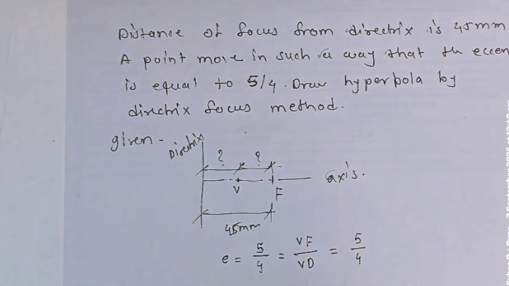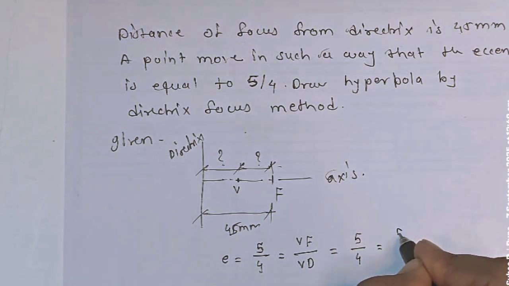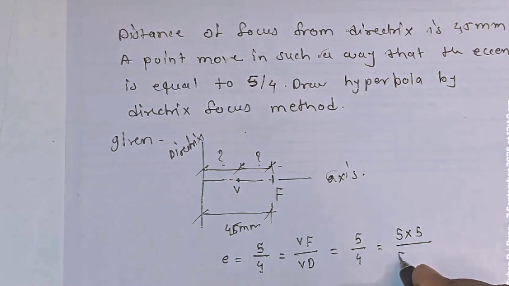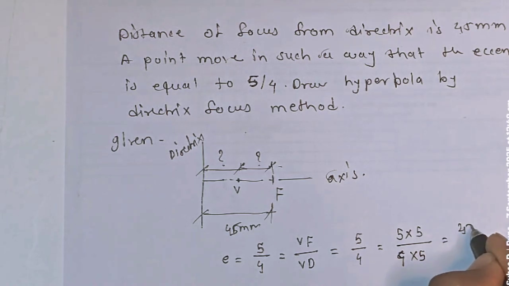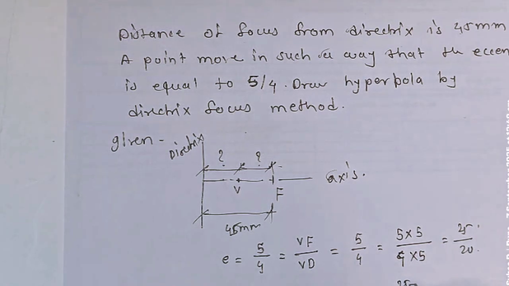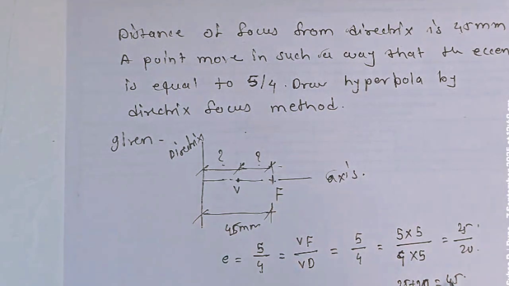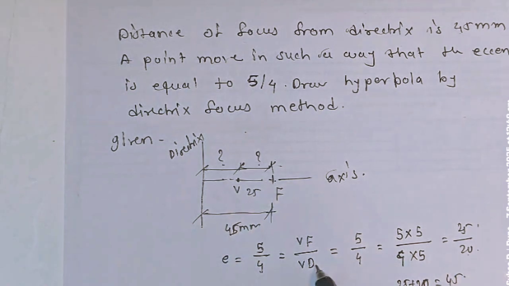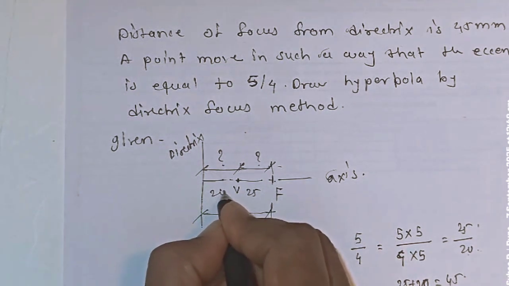So I multiply both numerator and denominator by 5. So 5 into 5 divided by 4 into 5, so it's 25 divided by 20. The sum of these two is 45. So we get a distance of 25, which is vertex to focus, and 20, which is vertex to Directrix.